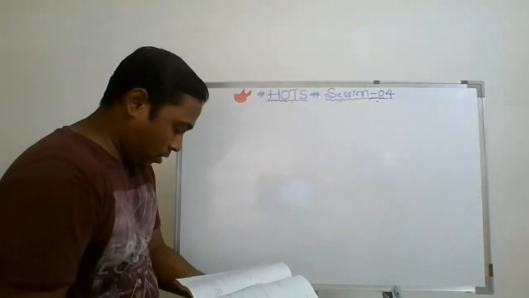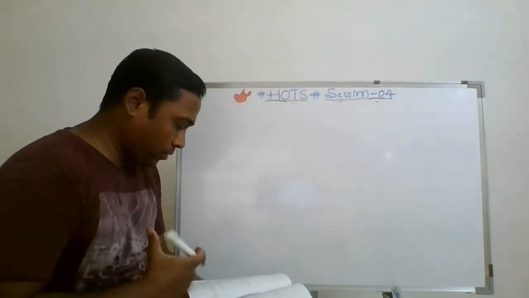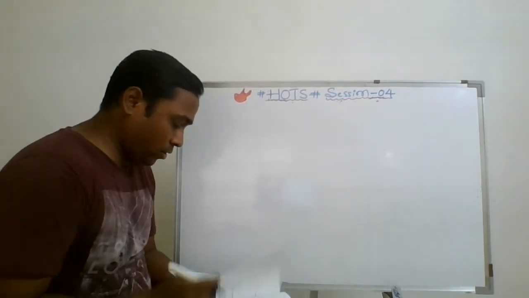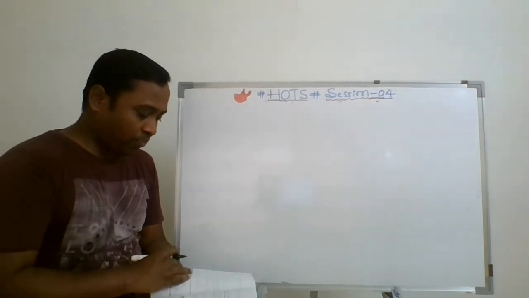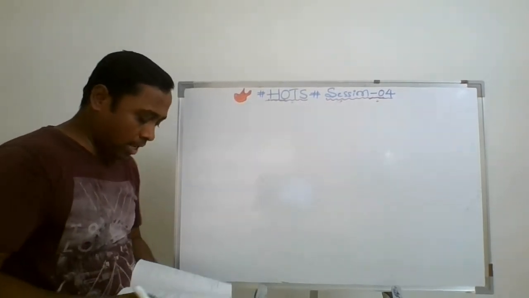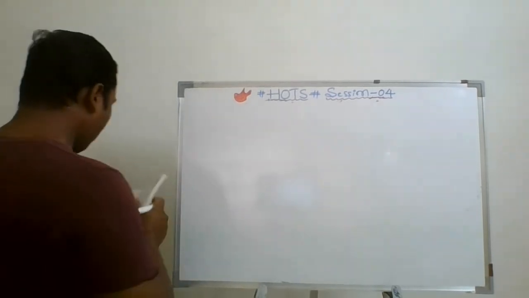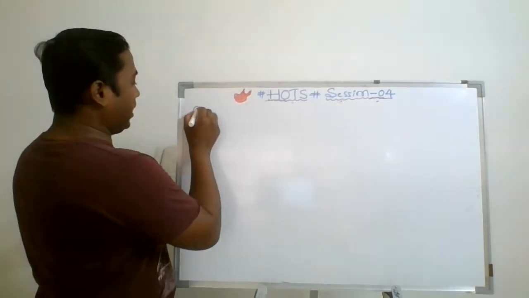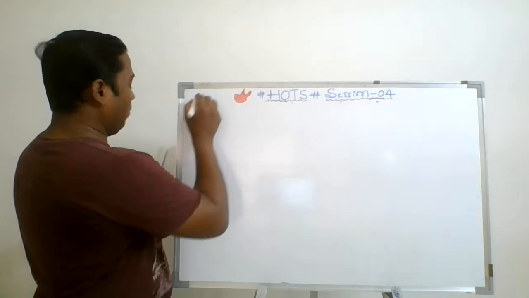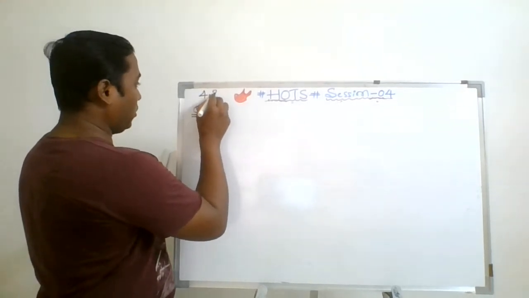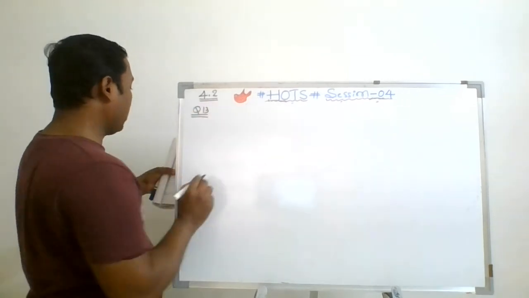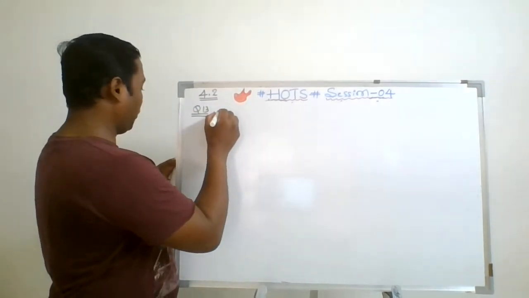Right. So now here I am taking the other question, which is a little bit difficult, the students are facing difficulty in this question. I am taking the question from the exercise itself. See, in the textbook, it is question number 13 from exercise 4.2. Okay. Now, what is that question?